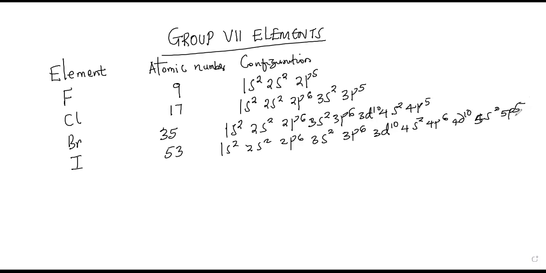But before s and p, there come different figures: here 2, 2, here 3, 3, here 4, 4, here 5, 5. So by looking at these configurations, we can conclude that the outermost electronic configuration of group 7 elements is ns2 np5.